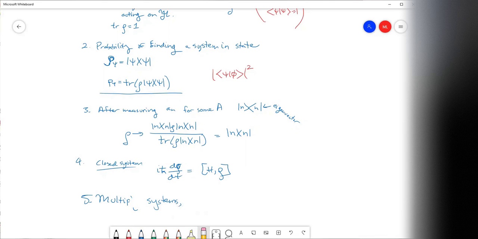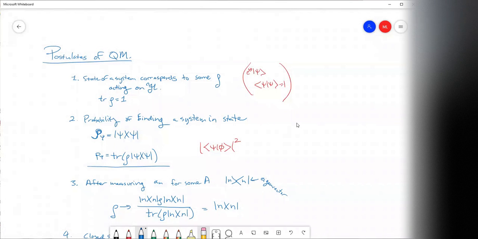For multiple systems, rho acts on the tensor product Hilbert space, right, of all the subsystems. And that's it. So instead, you can throw away the notion of kets, and each time you see a ket, you could instead describe it using this kind of projection.